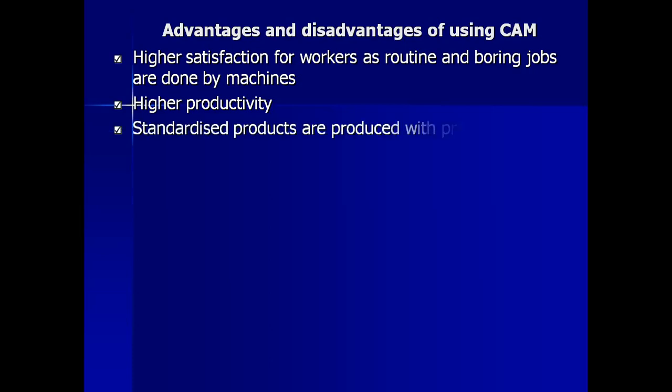Then we have standardized products produced with precision. If I say standardized product, it does not mean that it is a high quality product. It means whatever standard is set by the organization or actually required by the customer, you are producing the product exactly according to that.